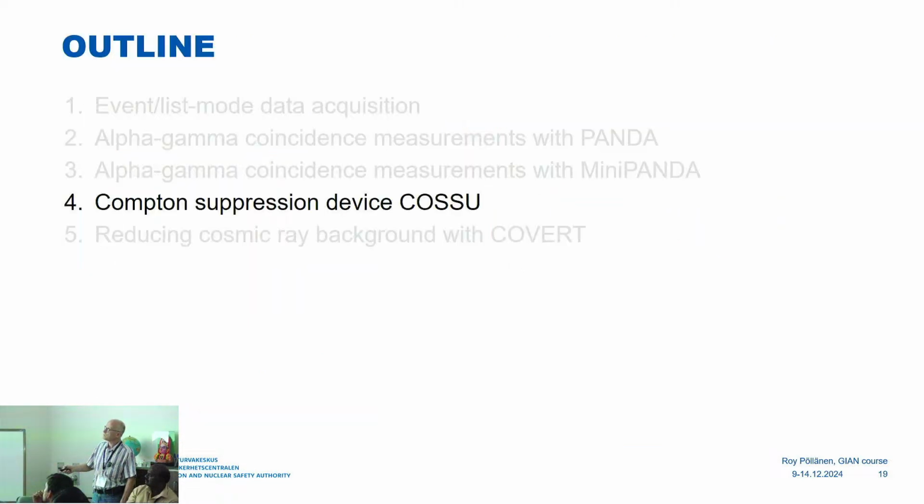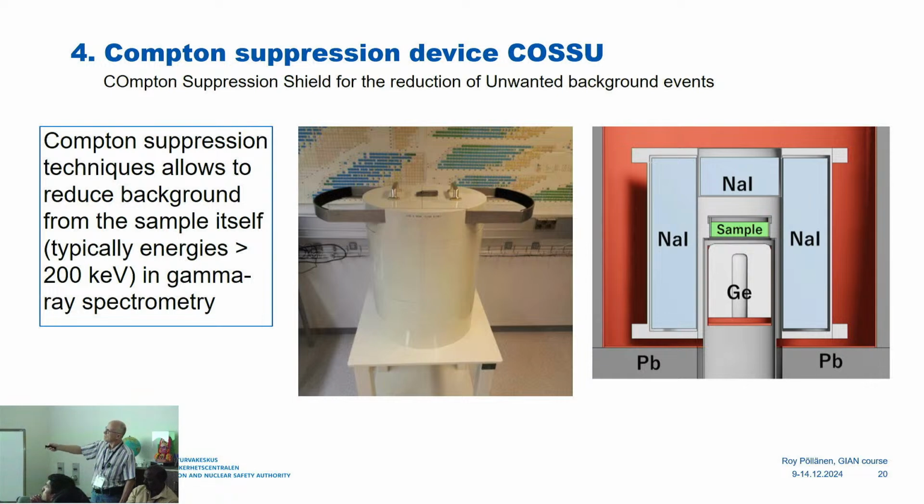What about this Compton suppression device? You know Compton interaction already. So we have one system in our institute. Compton suppression techniques allow us to reduce background from the sample itself, typically at energies higher than 200 keV.